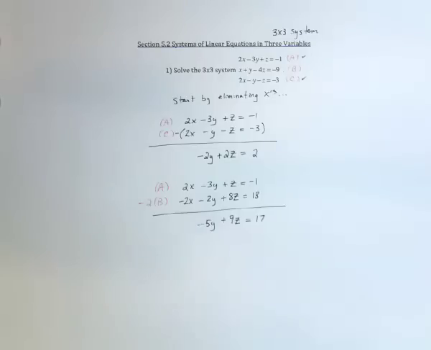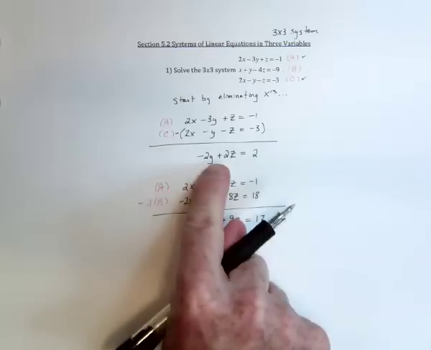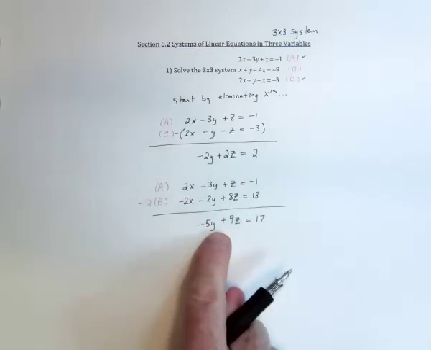So now we've got two equations that have just two variables, y and z. So now we can put those together and solve for y and z.